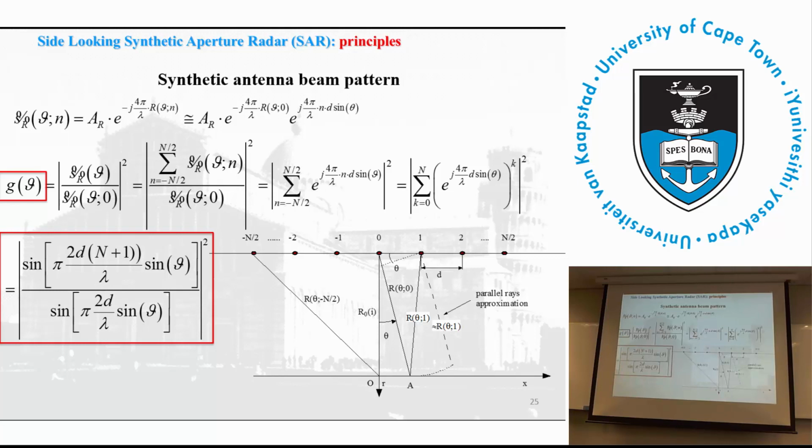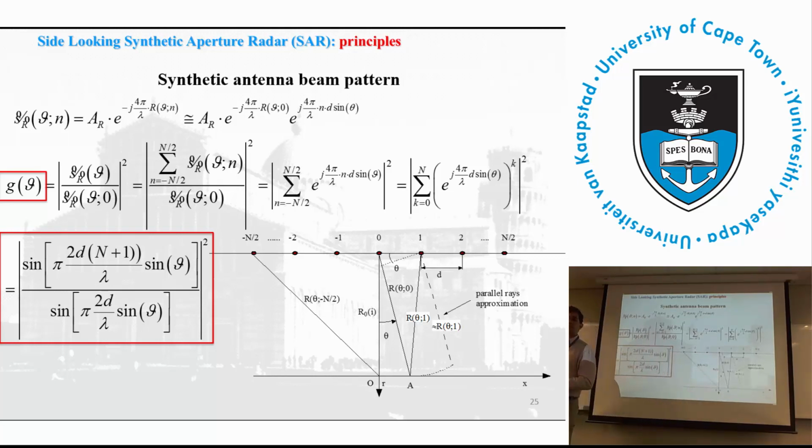We are designing our system so that it flies along this direction and with a given distance here. So this R0 of i, okay, is actually the distance between this point here, so the central point of this array, and point O. Now, it's a function of i.